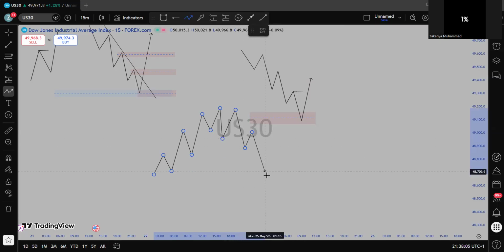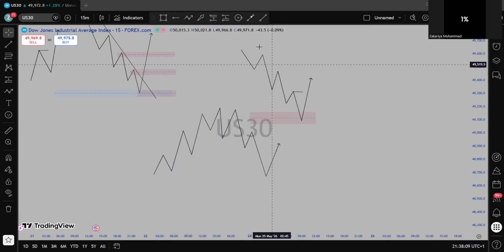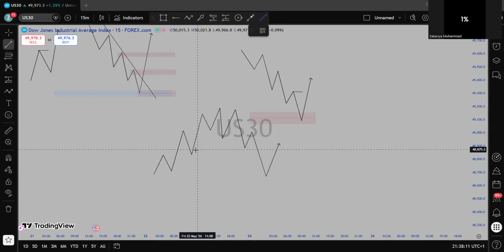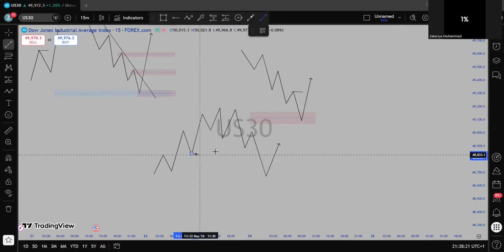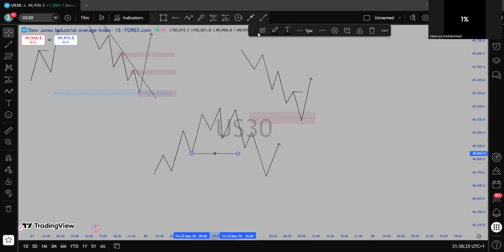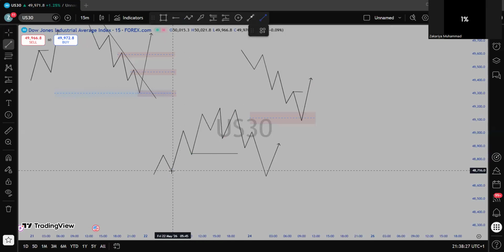So when market broke structure to the downside, then you look back inside your chart to see where you have different break of structure. As you can see, this market broke this structure and then broke another low here.